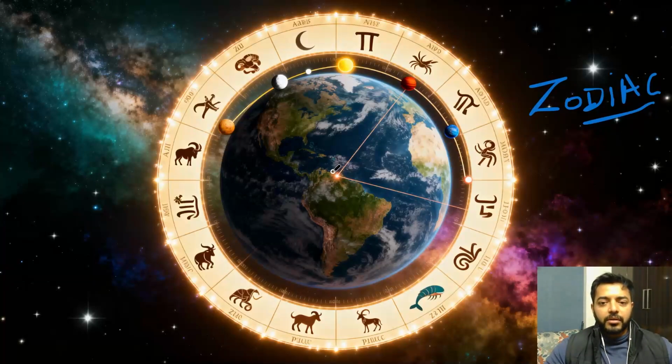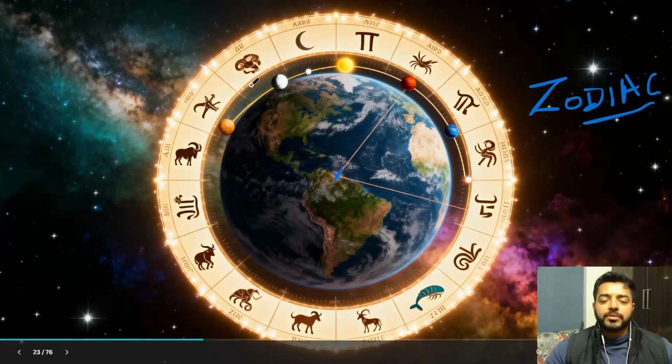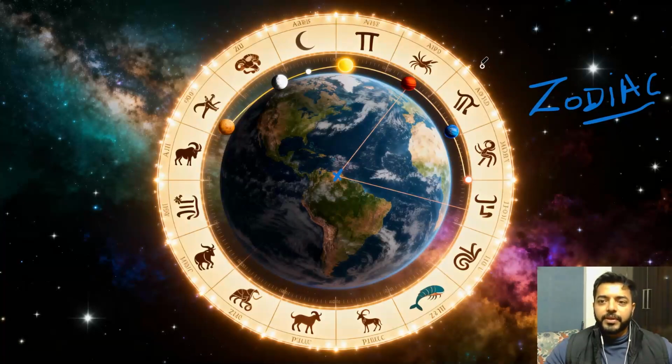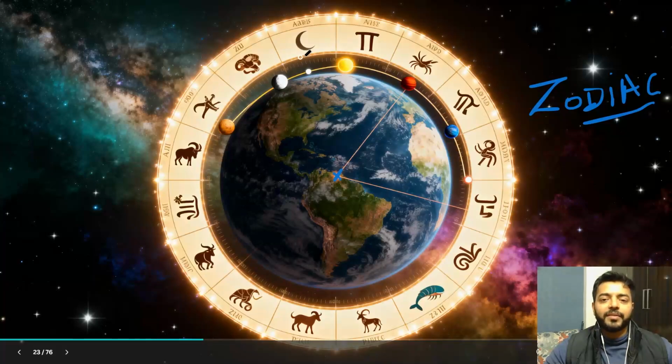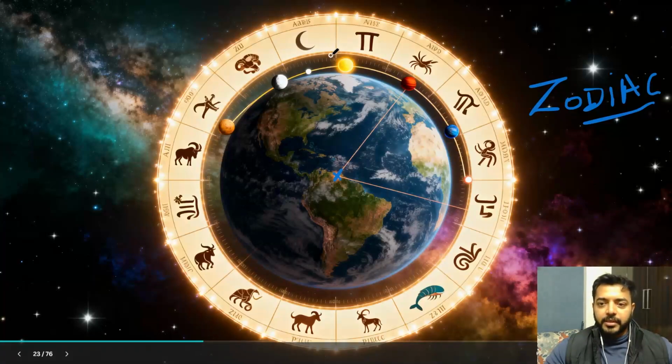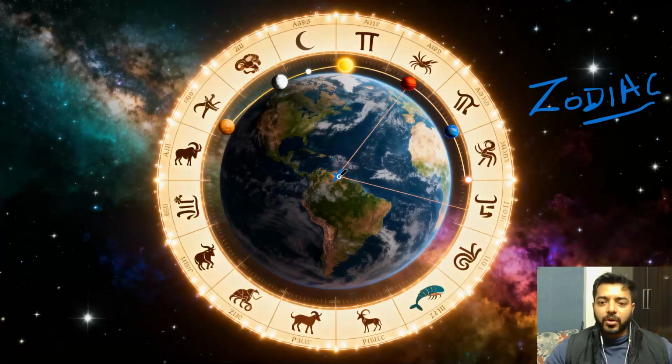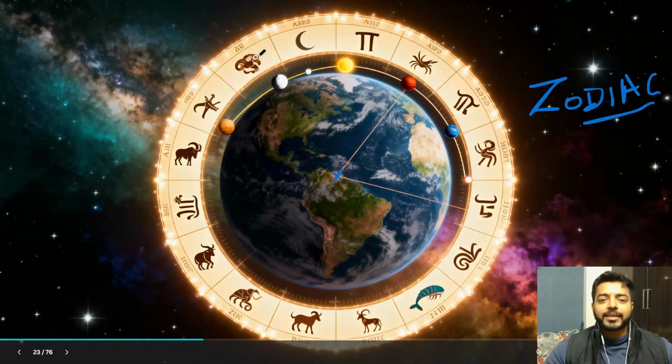If you are at any point on this earth and you look up in the sky, there will be an imaginary band, an apparent imaginary band, which we call the zodiac. It's divided into 12 different parts, and hence there are 12 different zodiacs, right? So anywhere on the earth, you are always impacted by 12 different zodiac signs at all points of time.